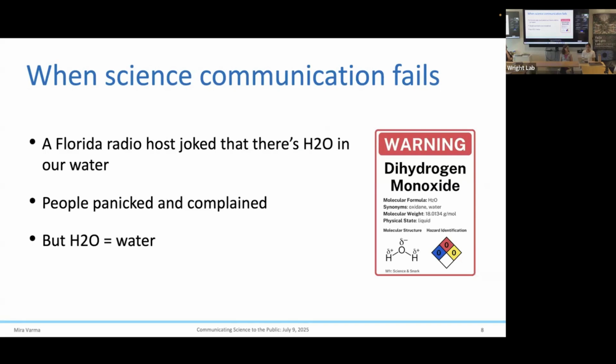People were checking their pipes and calling to complain because they thought they'd get poisoned, and it was a whole mess. But it was supposed to just be a joke because H2O is water. Since that wasn't communicated well, and since communicators haven't really explained chemical formulas in an accessible way to the general public, it just caused a frenzy. And there are a lot more examples of this.